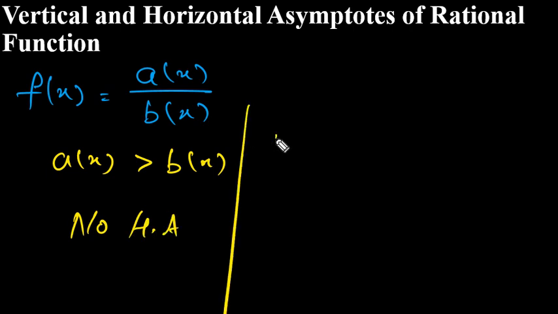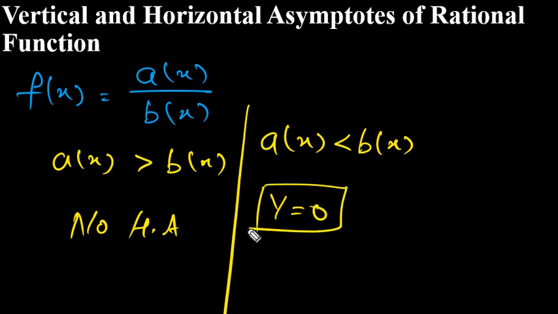Condition 2: if the degree of a of x is less than the degree of b of x, then there will be a horizontal asymptote at y equals 0. At the line y equals 0, there will be a horizontal asymptote.